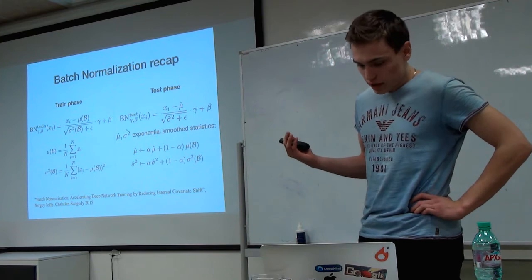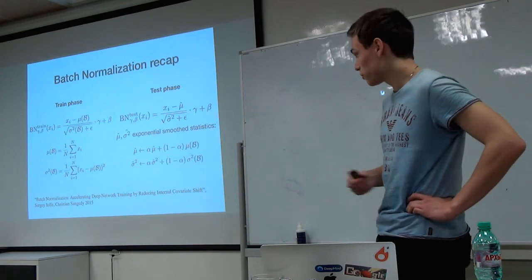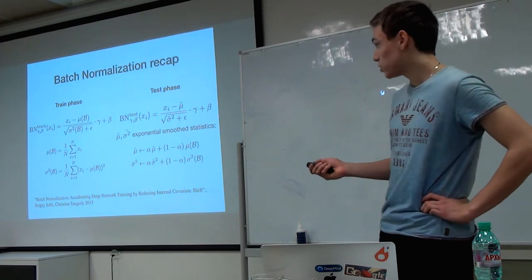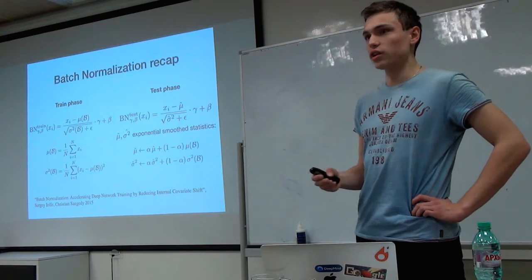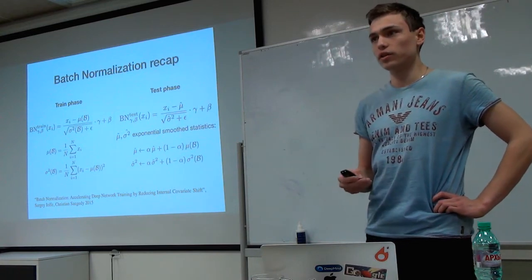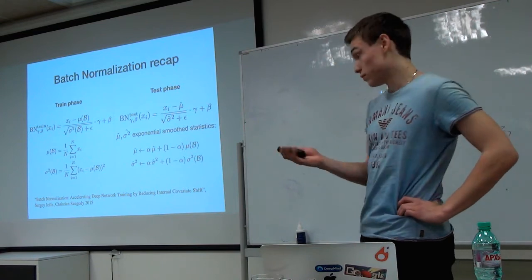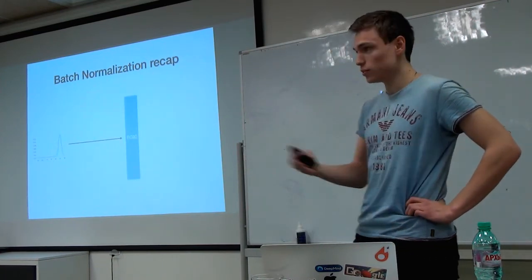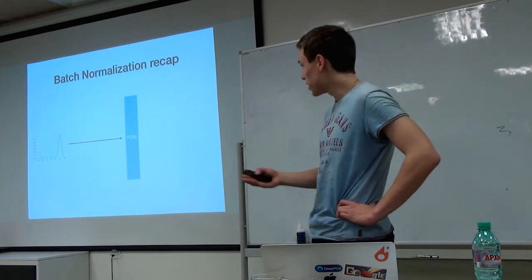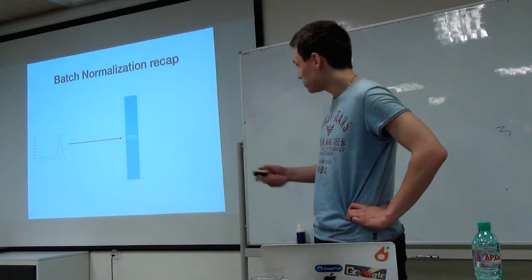Why does this technique actually help and accelerate training of deep neural networks? The authors of this method claim that batch normalization addresses the so-called internal covariate shift, which looks as follows. Let's consider a deep neural network with 90 layers, and let's consider the last layer.